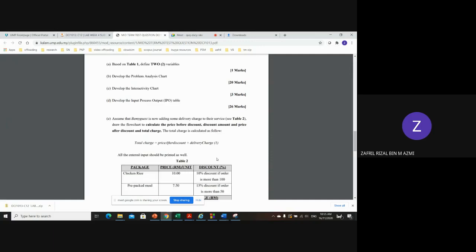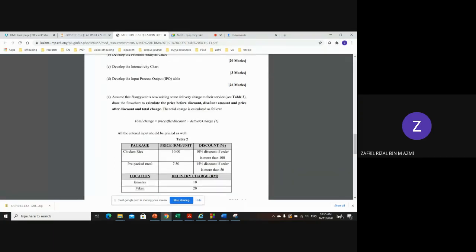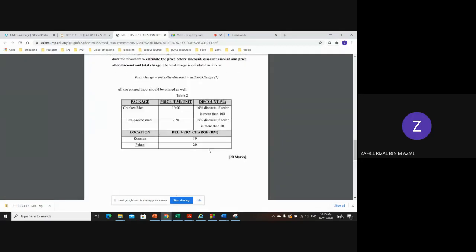Calculate the price before discount, discount amount, price after discount and total charge. Many, right? Like this. So there's a condition for location. For example, if you are required to develop a PAC based on this condition, you need to add this. All the tables you can just copy and paste into the PAC.